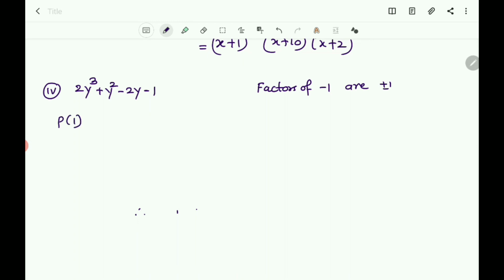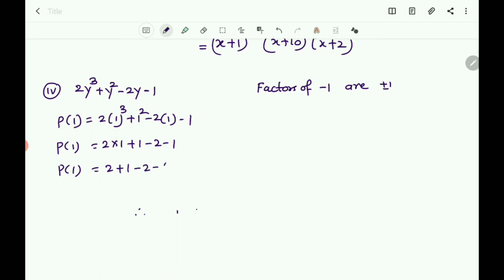So therefore p of 1 is equal to 2 into 1 cube plus 1 square minus 2 into 1 minus 1. So p of 1 is equal to 2 into 1 plus 1 minus 2 minus 1, that is 2 plus 1 minus 2 minus 1.